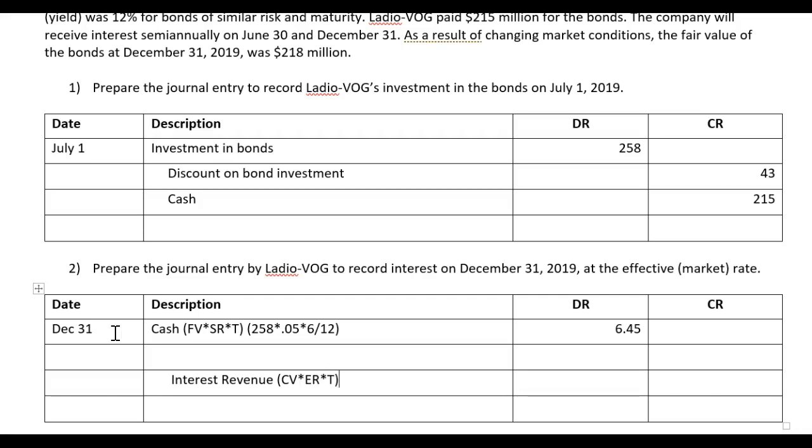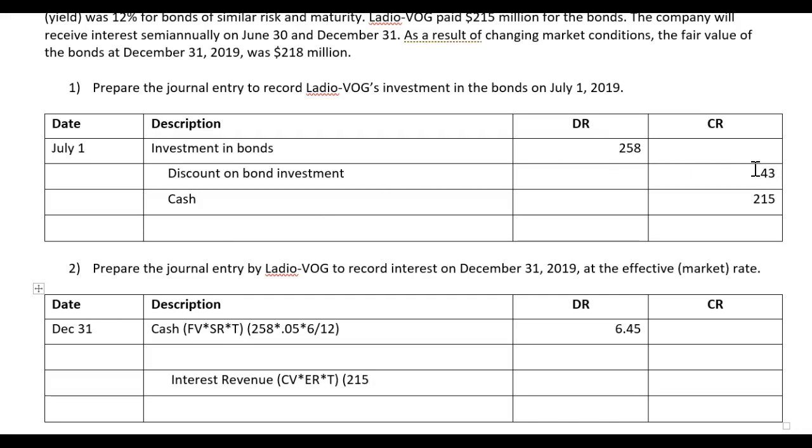Now, the carry value of the bond is always the value of the bond on our balance sheet, which is simply the investment in bond account netted with its associated discount or premium if this bond had been purchased at a premium. So at this point in time, our carry value is 215 because notice our investment in bond here has 258, our discount has 43.